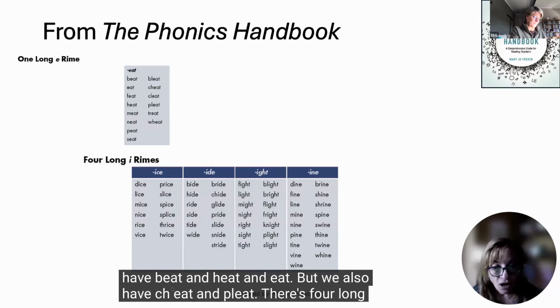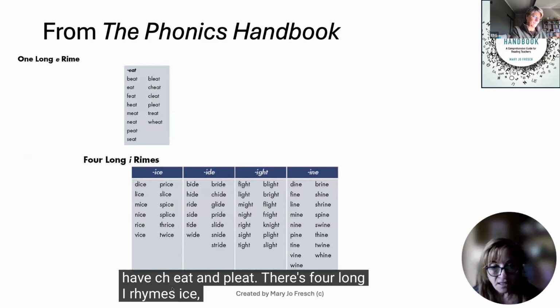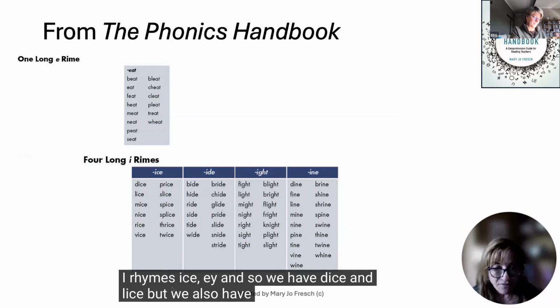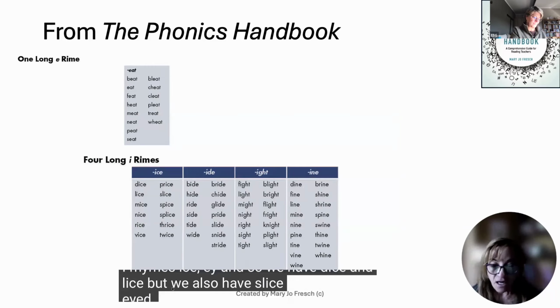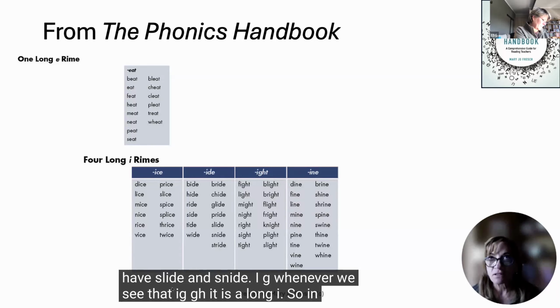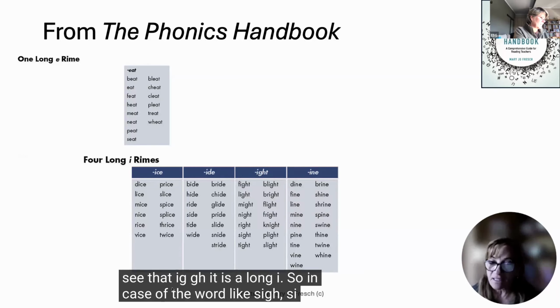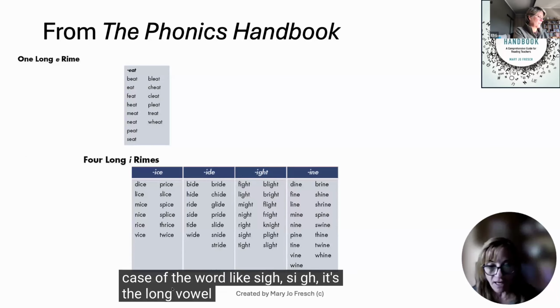There's four long I rhymes, ice, ide, ight, and ine. So we have dice and lice, but we also have slice. Ide, we have hide and ride. We also have slide and snide. IGHT, whenever we see that IGH, it is a long I. So in case of the word like sigh, S-I-G-H, it's the long vowel sound.